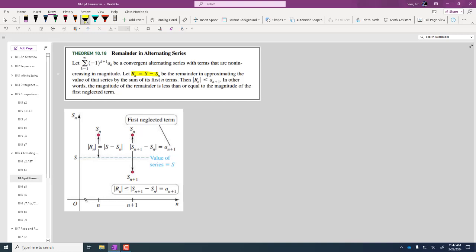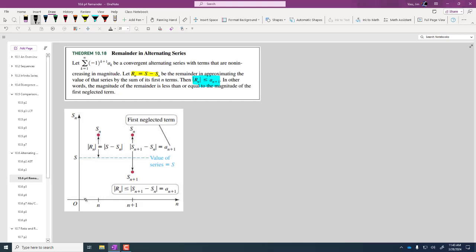So the sum of the series is S, that's often unknown. S sub n is the sum of the first n terms, so we think of that as the leading terms. And the remainder is going to be the total sum minus the leading terms. It's essentially the sum of the tail. Okay, here is the remarkable fact. The remainder for an alternating series, all you have to do is look at the next term.